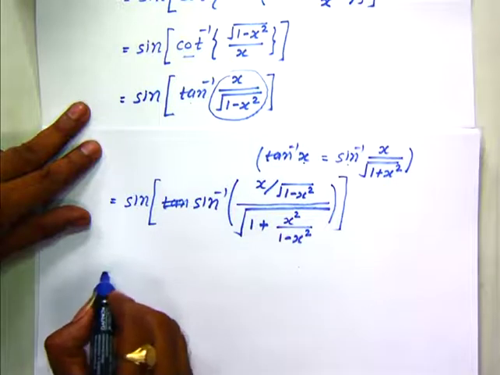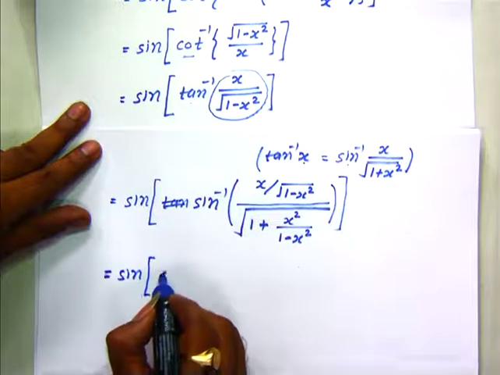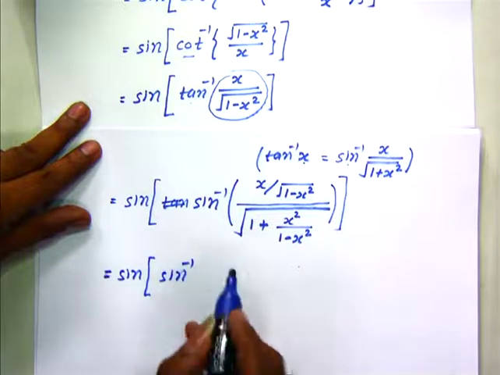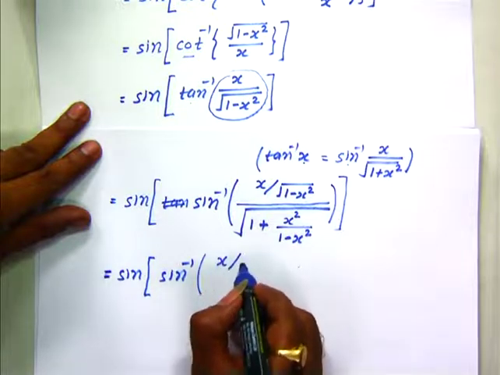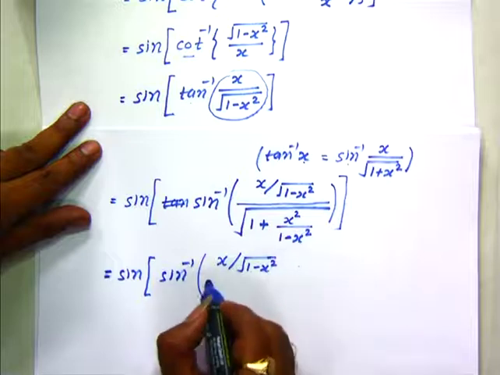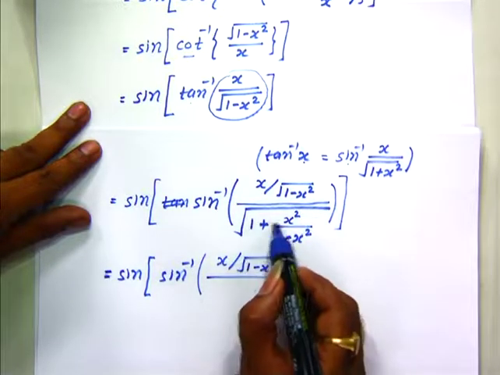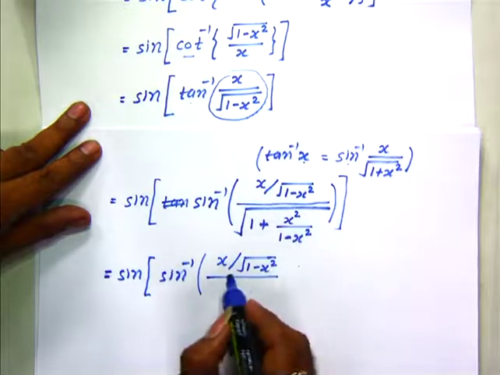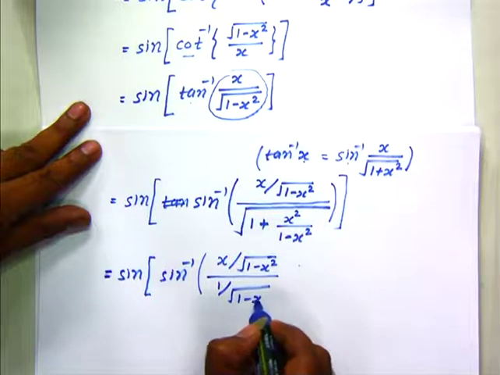Now this is sine of sine inverse x upon square root 1 minus x square upon, if you take LCM, 1 minus x square plus x square, then x square will be cancelled out. So 1 upon square root 1 minus x square.